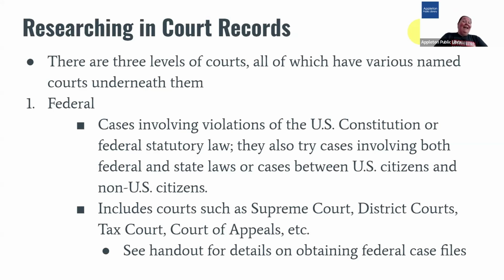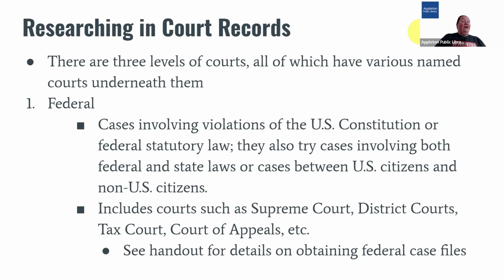They also try cases that involve both federal and state laws, or cases between US citizens and non-US citizens. They, of course, have courts like the Supreme Court underneath the federal courts. They've got district courts, they've got tax court, they've got a court of appeals, they've got a bunch of different courts. I mean, I don't even know them all.